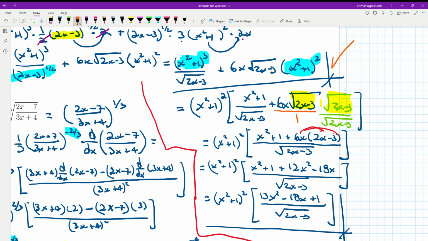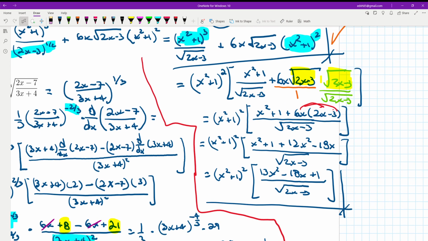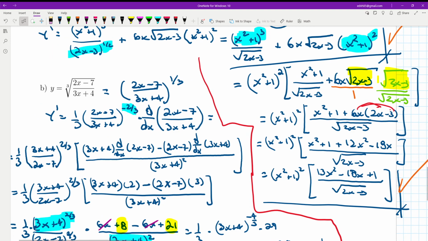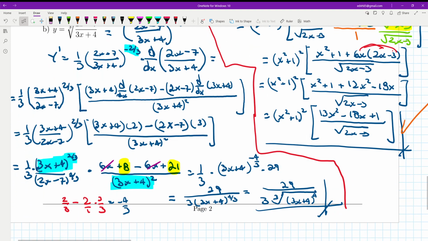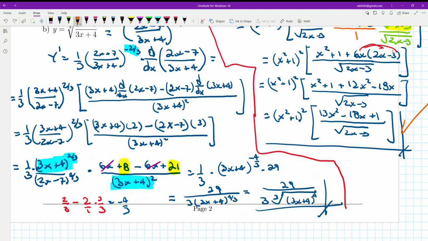But sometimes homework systems, like the online homework system that we're using, might be a little bit picky and might want a more simplified, more reduced final answer. So I would go this extra mile. Again, this is what to do in each situation. And the same was done over here to keep simplifying this to a simpler solution.